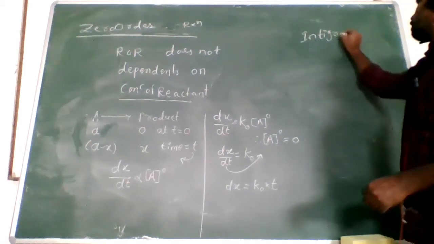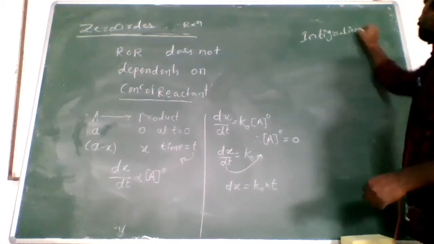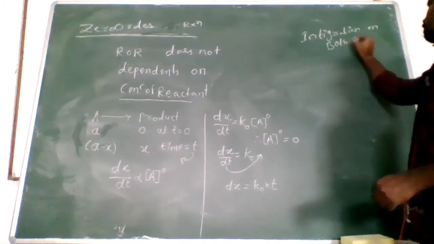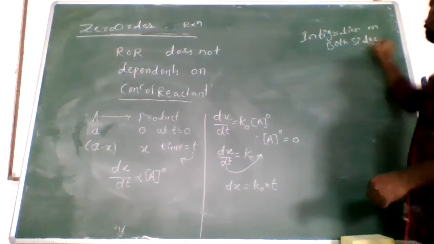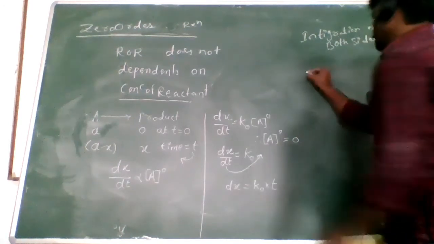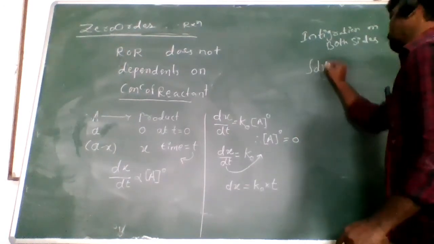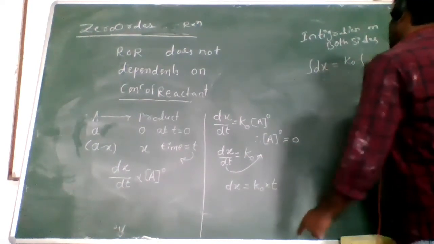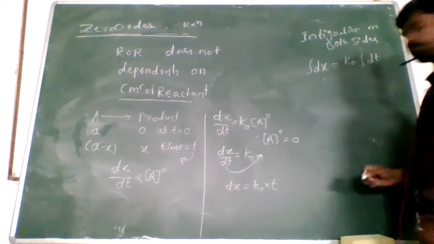Integration on both sides. Look at it. Now the integral of dx is equal to k naught times the integral of dt.